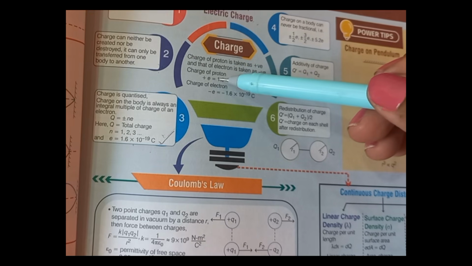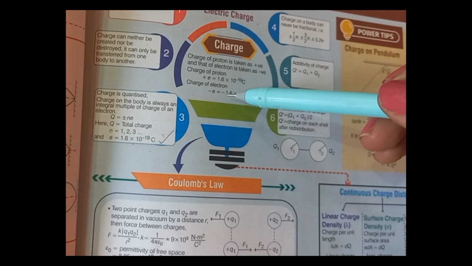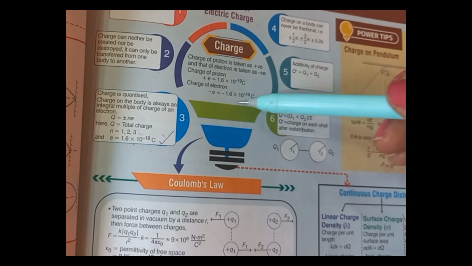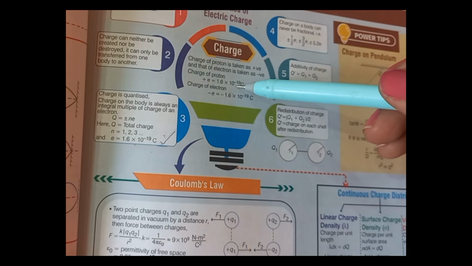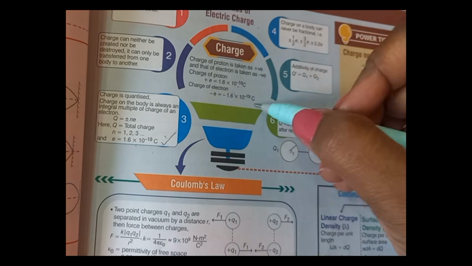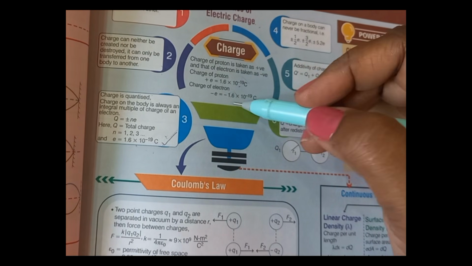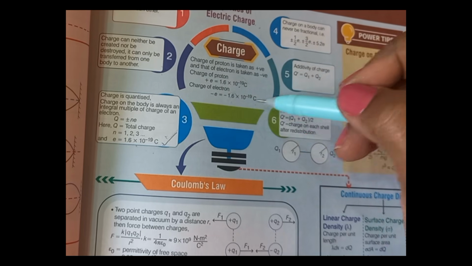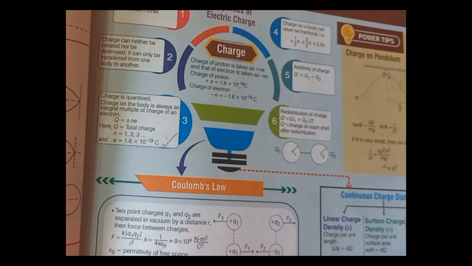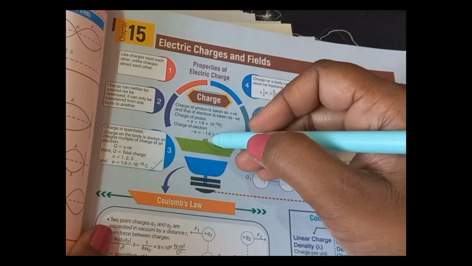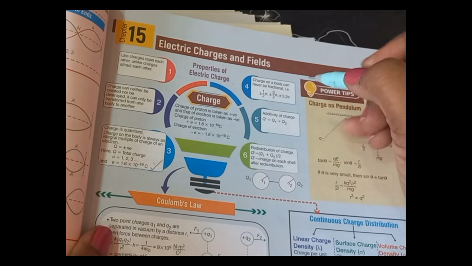The charge of the proton is plus e, the charge of the electron is minus e, but the magnitude, the value, will be the same. The number of protons is equal to the number of electrons in an atom. So only the sign changes, the polarity of the charge changes here. Proton will be positive and the electron will be negative.